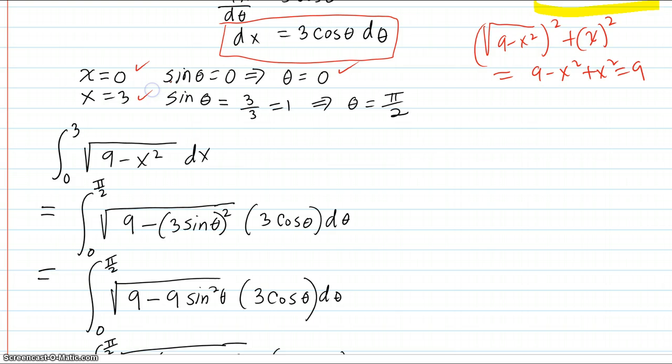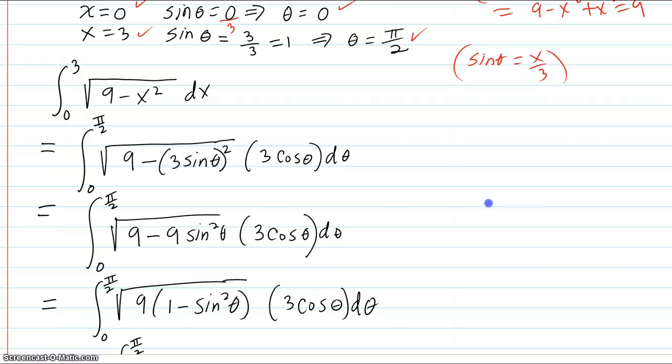And when x is 3, theta is going to be pi over 2, because sine theta is 3 over 3. This was 0 over 3. And that was coming from, of course, that sine theta was x over 3. Remember that?